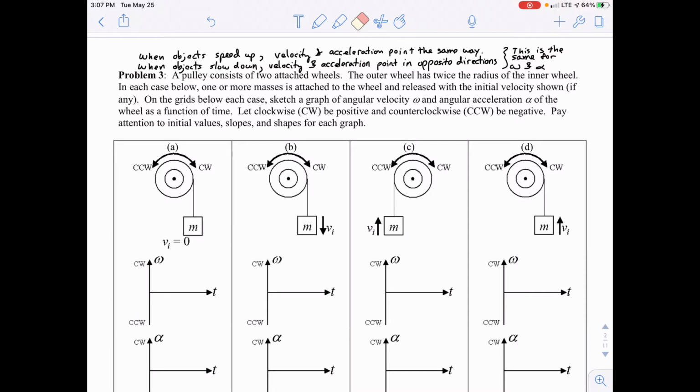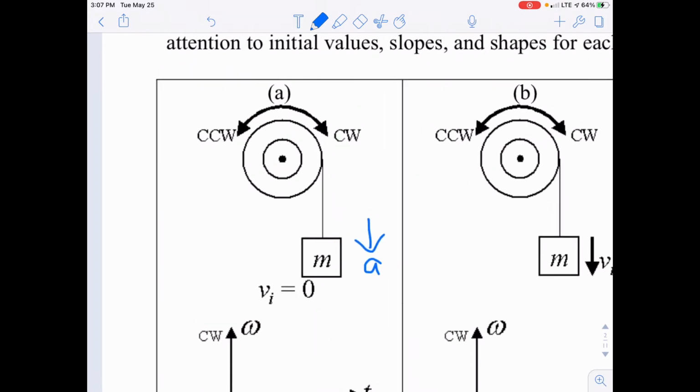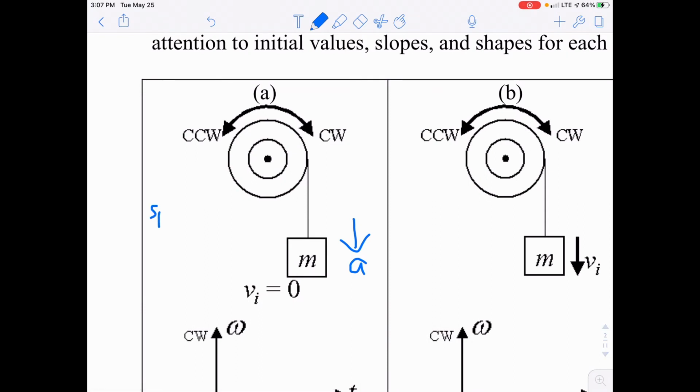In A, clearly you're starting from rest, and the mass is put on the right-hand side, which means what's going to happen is this is going to accelerate downwards, which means in situation A, we are going to speed up in the clockwise direction. So speed up clockwise, so speed up positive, clockwise positive.